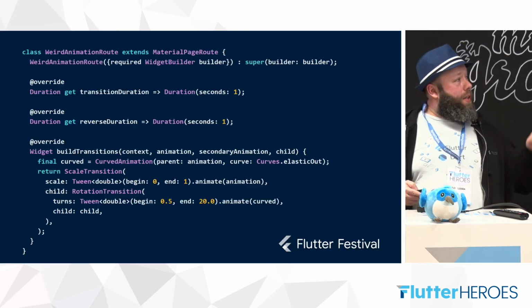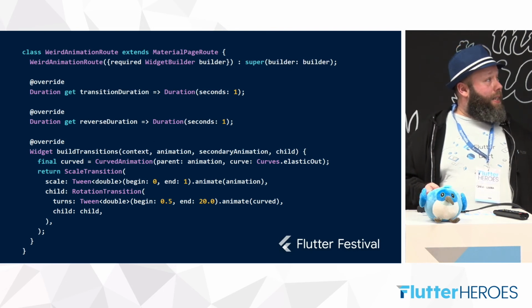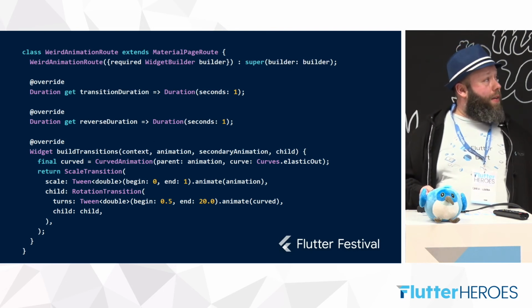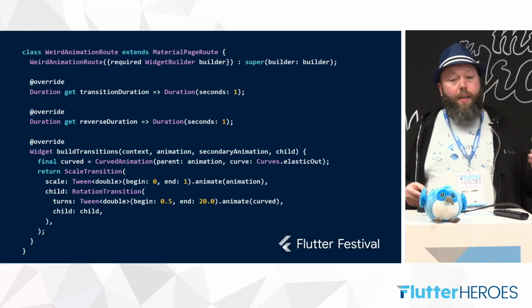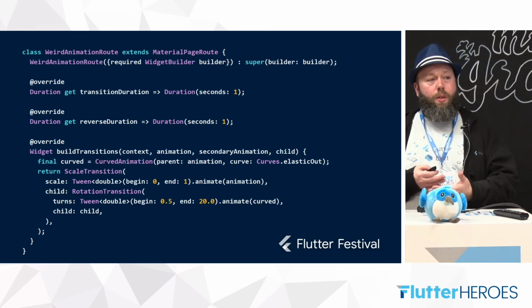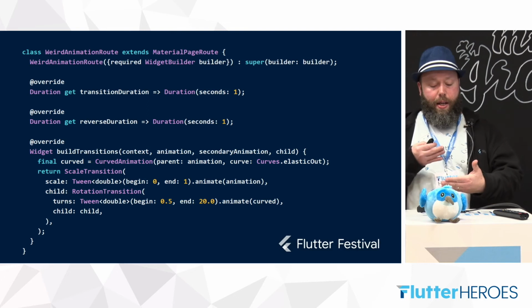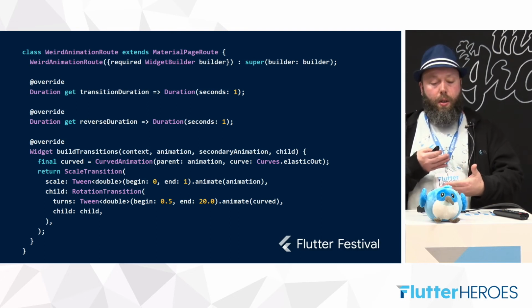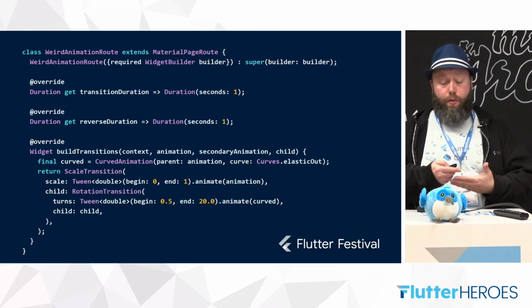We can also define, I didn't do it in this case, a secondary animation that is the animation of the route on the bottom. So we can animate both routes in order to have a transition that works for both.